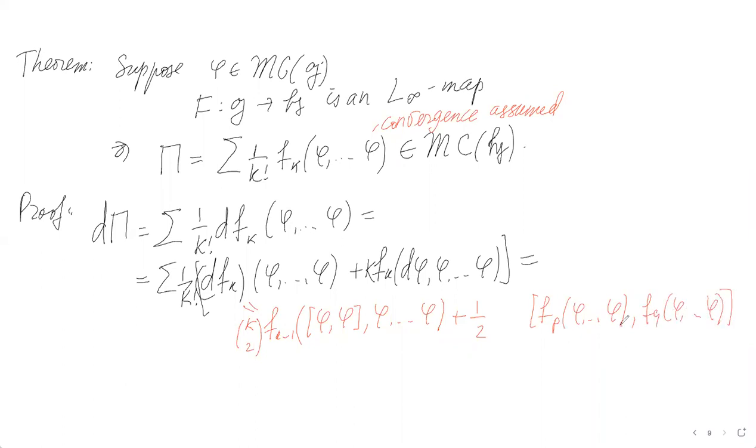There should be as many elements of this sort as there are different ways to unshuffle this line of phi's. And they are exactly as many as the binomial coefficient n over p, or p plus q over p, right?